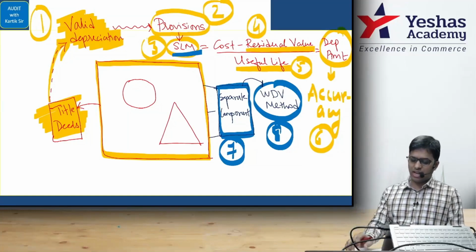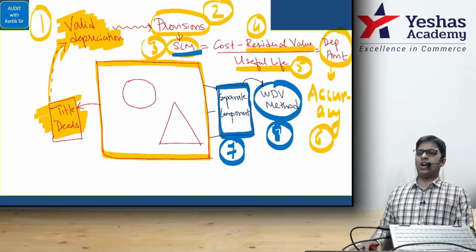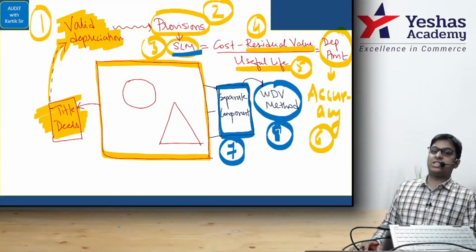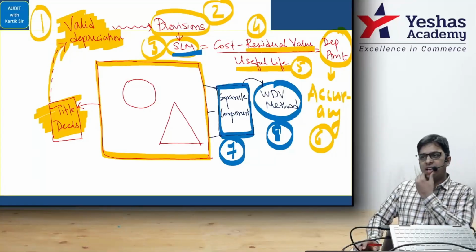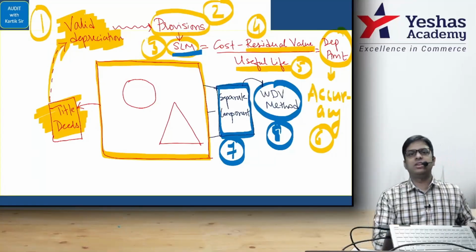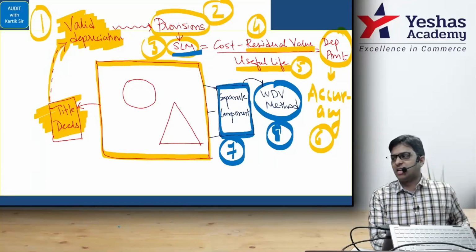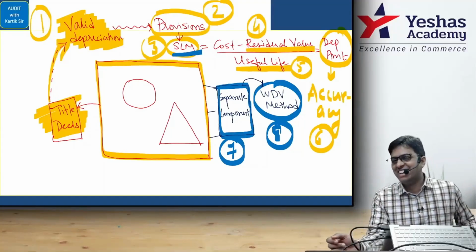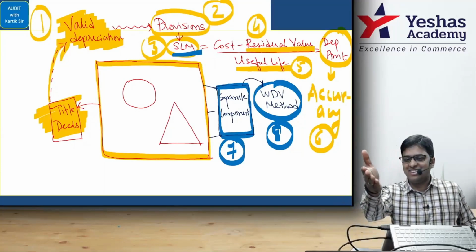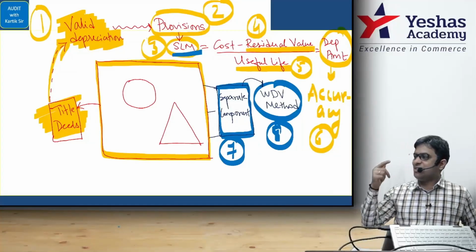Our dear old CARO is there. CARO clause 6. CARO clause 17, cash loss. CARO clause 9, repayment of loan. CARO clause 7, statutory dues. CARO clause 3. CARO clause 1, property, plant, equipment, tangible. CARO clause 15. Non-cash transactions.